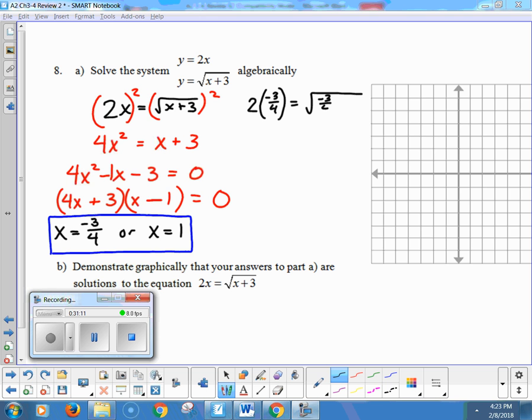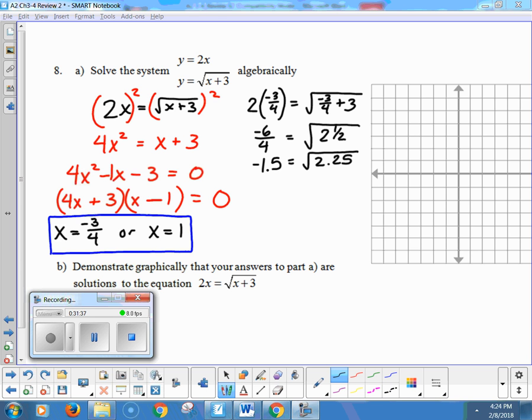Oh, this is not fun. Plus 3. Well, 2 times negative 3/4 is negative 6/4, which is negative 1.5. And if I take the square root of negative 3/4 plus 3, well, that's the square root of 2 1/4, or the square root of 2.25.